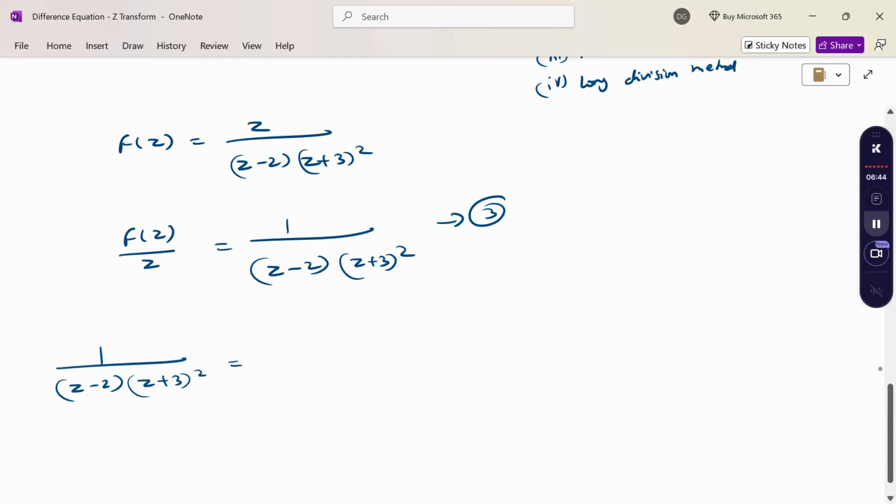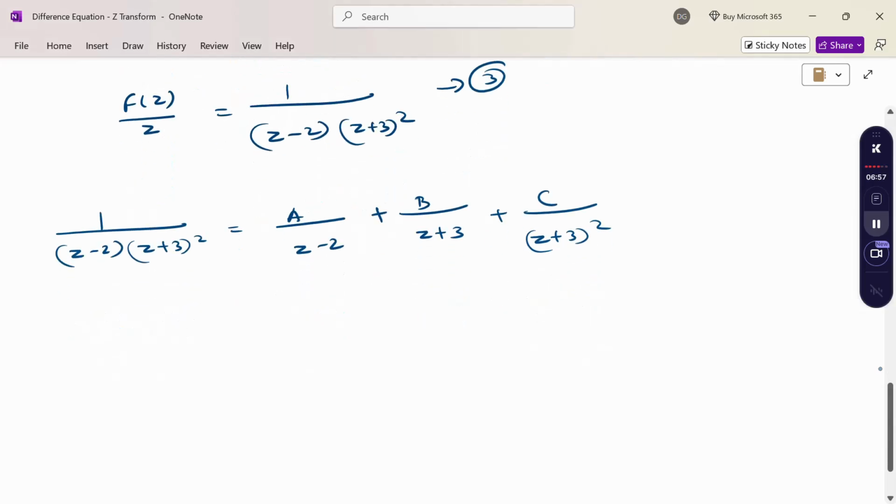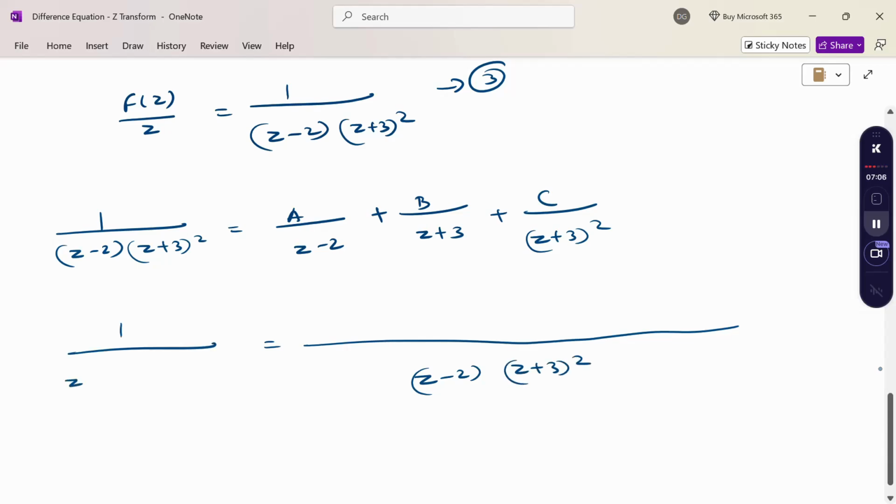So I am going to use partial fraction: a by z minus 2, b by z plus 3, c by (z plus 3) square, because z plus 3 is repeated. Now take the LCM, (z minus 2)(z plus 3) square. Here also 1 divided by (z minus 2)(z plus 3) square.